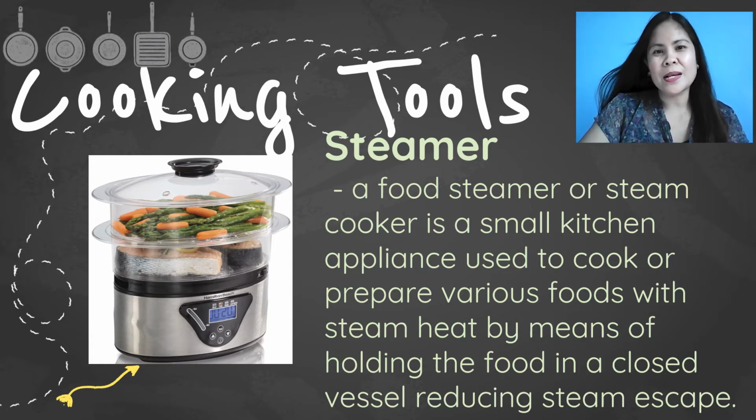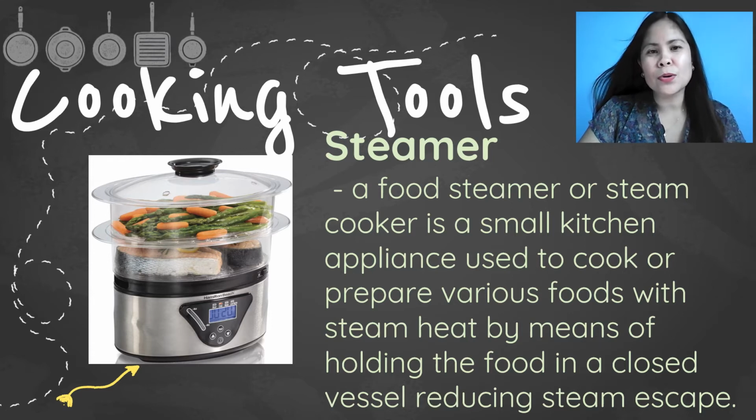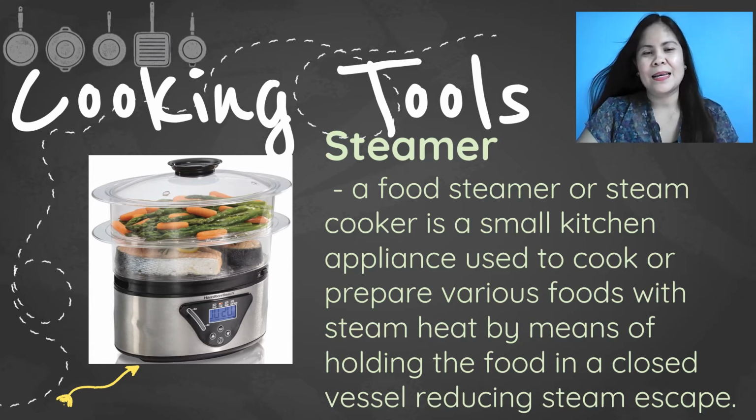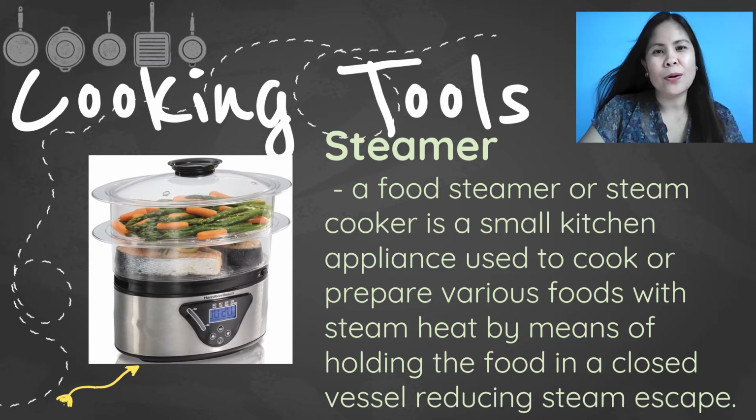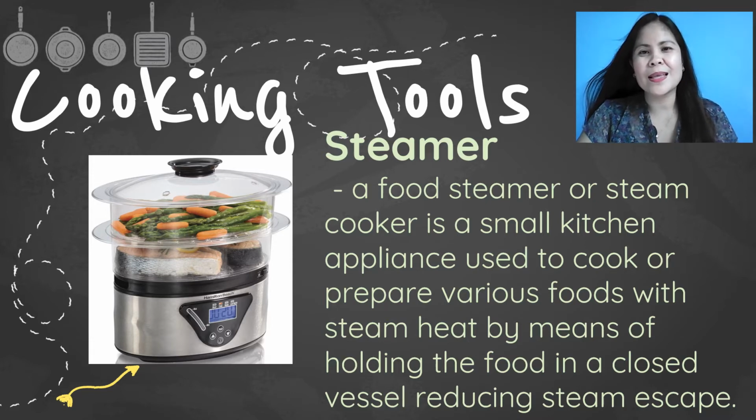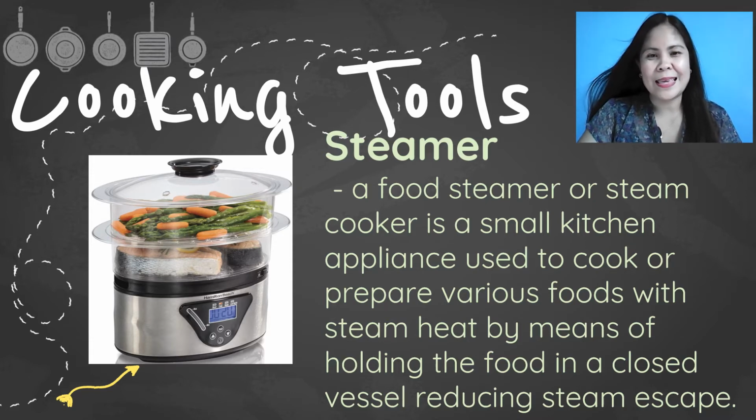The steamer is made to position foods above, not in, water that is boiling or hot enough to produce steam to cook foods with a moist, hot air. It is a container with holes in the bottom that is put over boiling water in order to cook food in steam, or a machine that cooks food with steam. And that is the steamer for cooking tools.